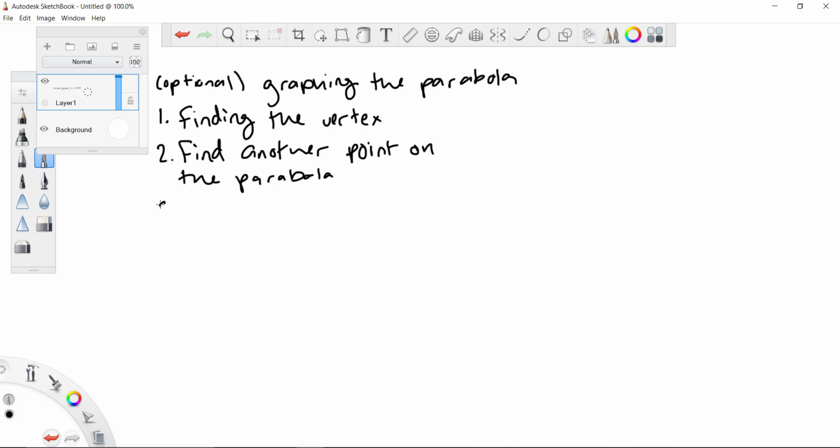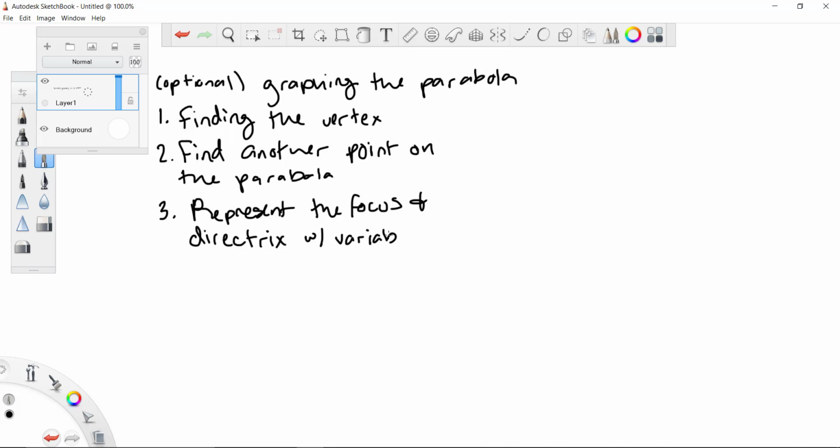Then what came up was represent the focus and directrix with variables.